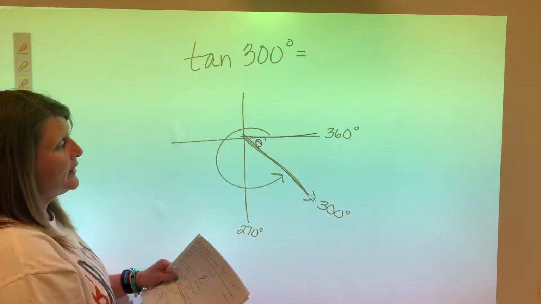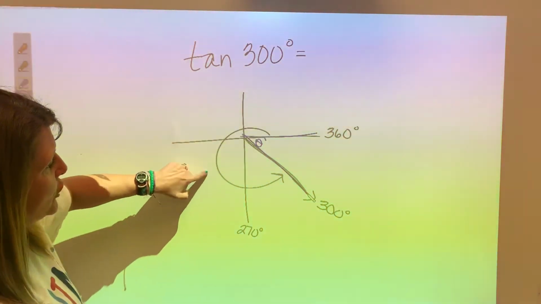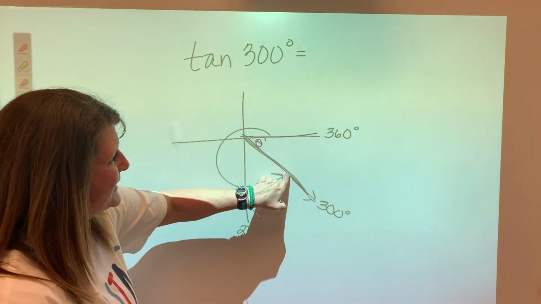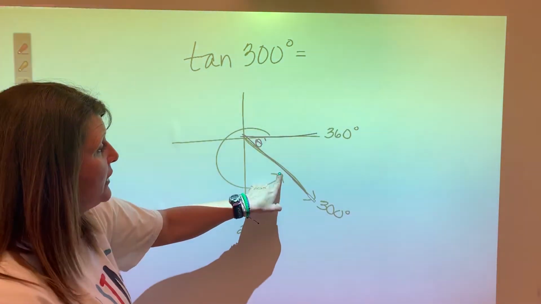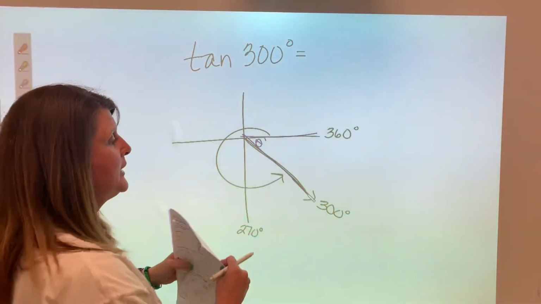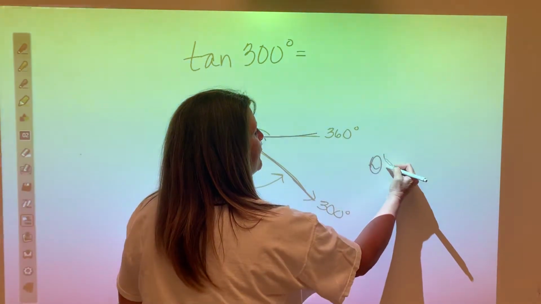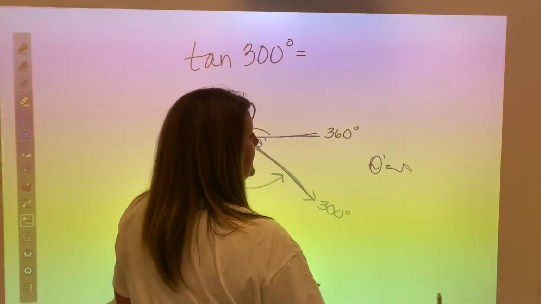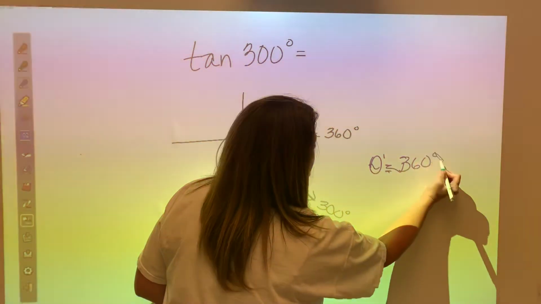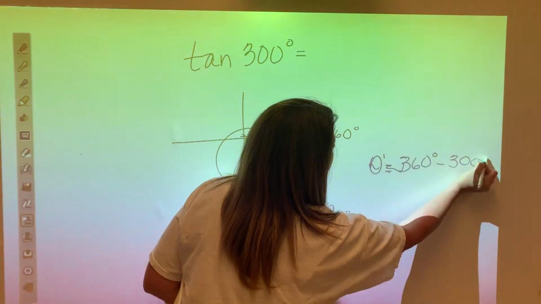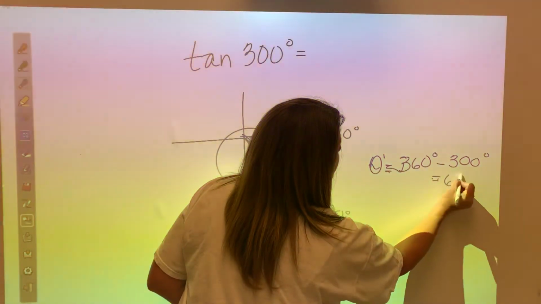And so what you're kind of looking at is you're about 60 degrees shy of being a full circle. If from here to here is 300 and the full circle is 360, then your reference angle is going to be 360 minus 300, which is 60.